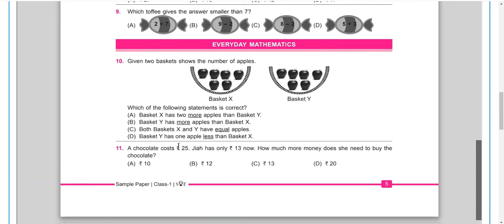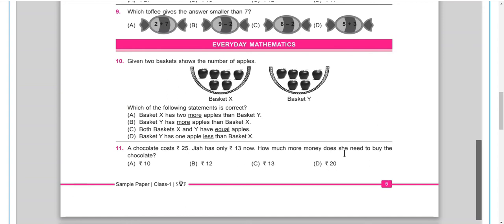Okay, a chocolate costs 25. Gia has only 13 now. How much more money does she need to buy the chocolate? What? I don't understand. The chocolate costs 25 rupees. Gia has only 13 rupees.